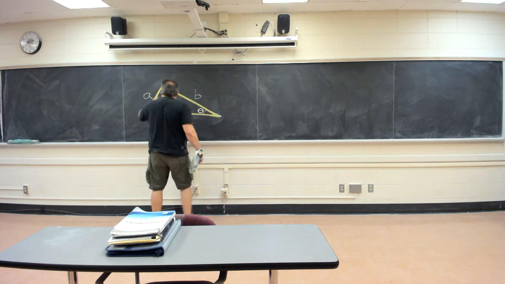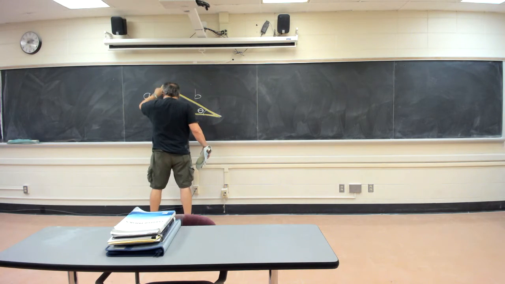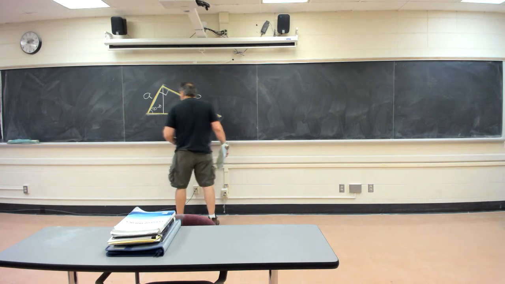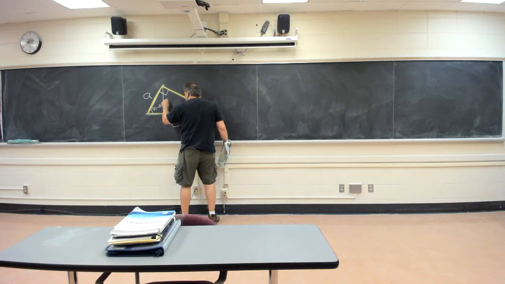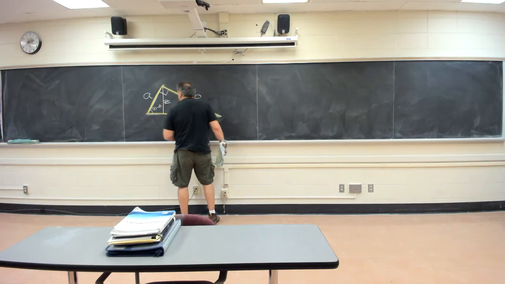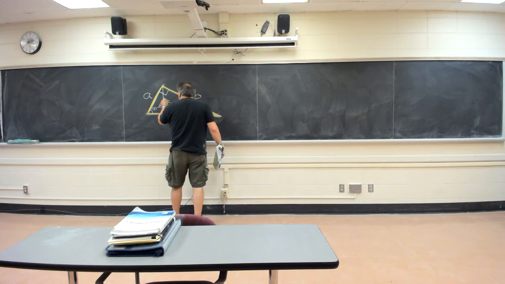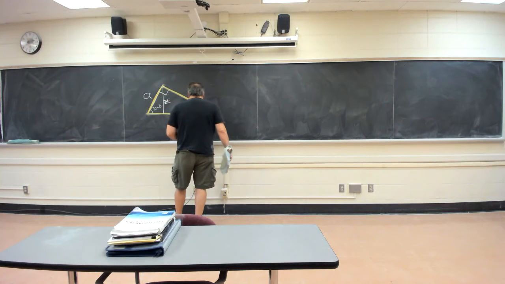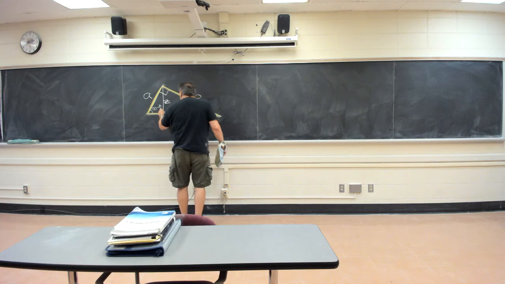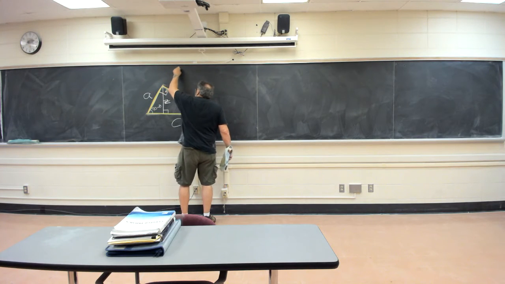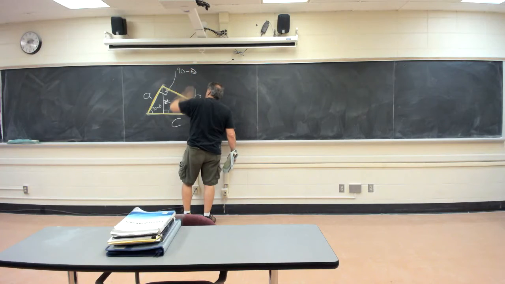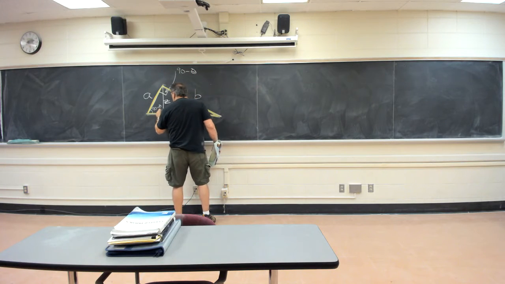If you drop a perpendicular altitude right here and call that height z, if this is theta and that's 90, that's 90 minus theta. This is 90 minus theta, and that's 90.